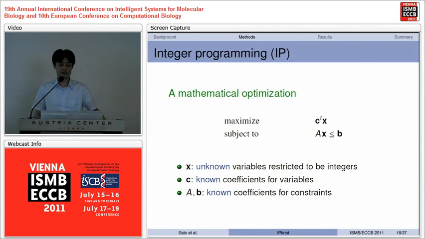Integer programming is a mathematical optimization whose variables are restricted to be integers. In our case, unknown variables are restricted to be binary valued variables that represent predicted base pairs on each decomposition level.